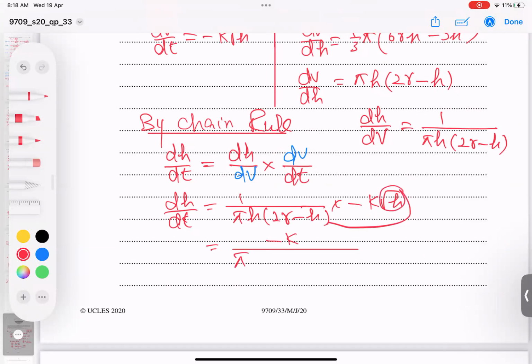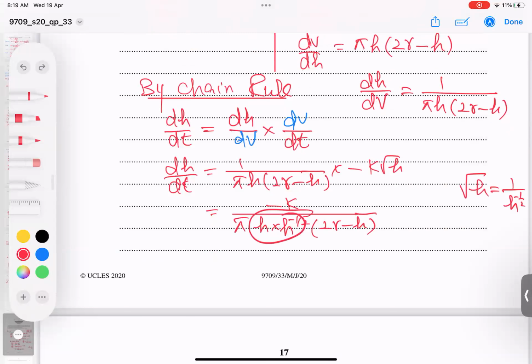When this half comes down, this is h already down, and once h to power negative half comes, and 2r minus h. Repeat, this h is in the numerator. When it goes in the denominator it becomes negative half. I hope you got it. And negative half plus 1 is half. So minus k over pi, I get h to the half here, and 2r minus h.